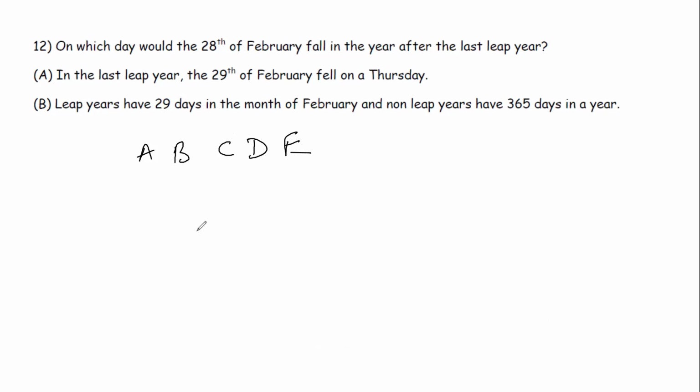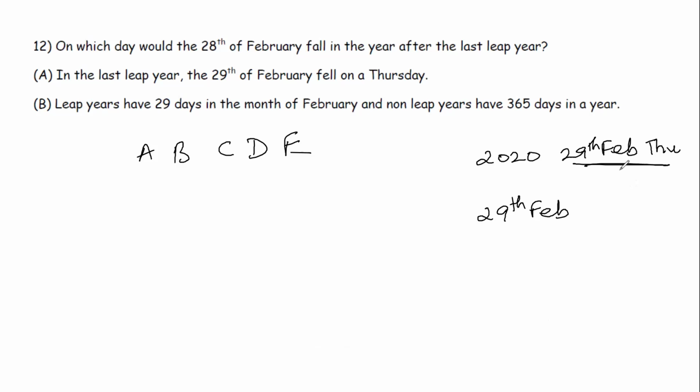All right. Then we know that the 29th of February for this year is the last leap year, right? Suppose, let's say 2020 was the last leap year, hypothetically. And on this day, 29th of Feb fell on a Thursday.